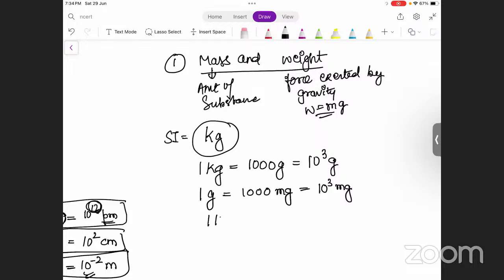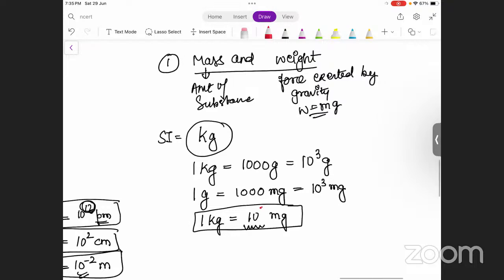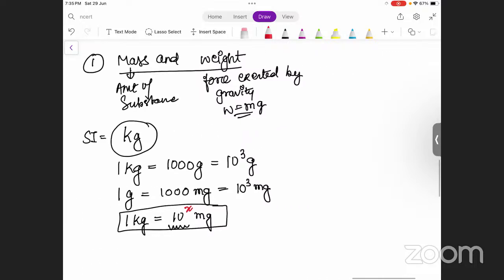Now, your homework is to find the relationship between kg and milligram. Or else, if you can quickly tell me in the chat, what is 1 kg in mg? What should be the power of 10 here? Yes, I am waiting for your answer.